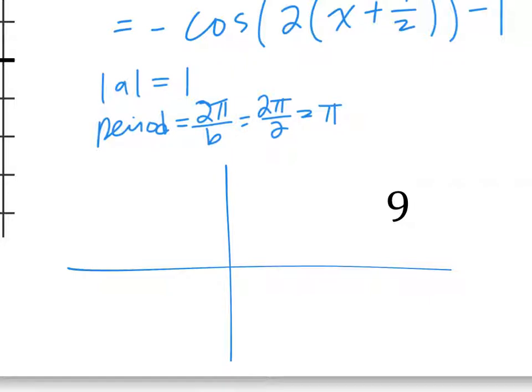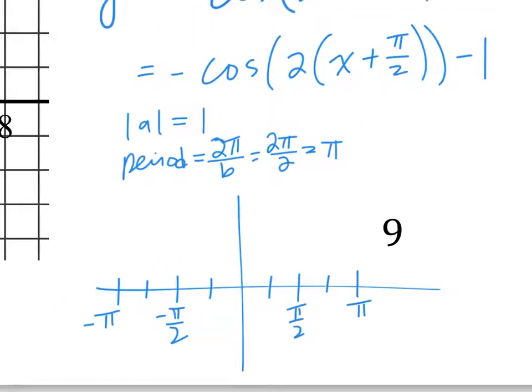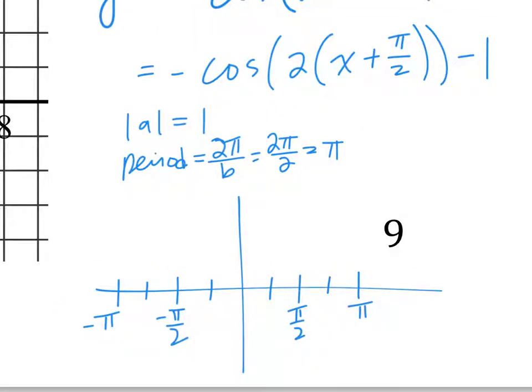Okay, so we know that this is going to be pi, and let's just draw some marks. Okay, so pi over 2, just kind of drawing the general graph. So this graph tells us we're going to shift, phase shift is going which direction and by how much?